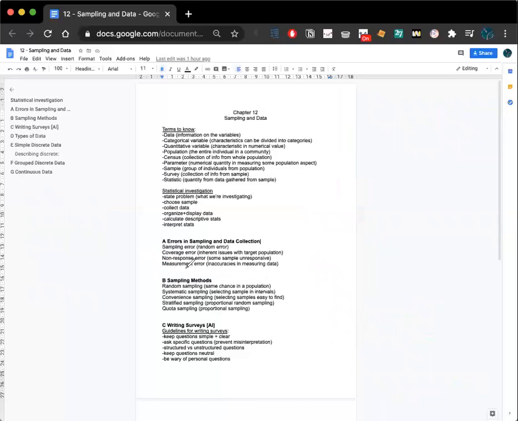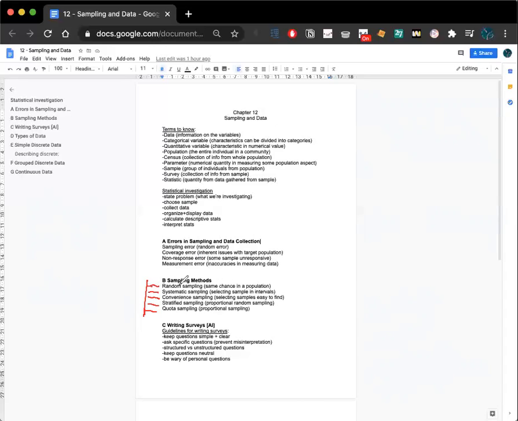And then after that, we have some sampling methods that we can use in general experiments. So we have random sampling, systematic sampling, convenience sampling, stratified sampling, and quota sampling.